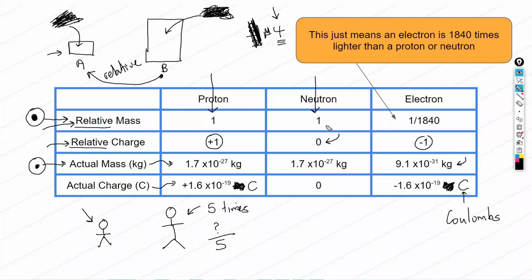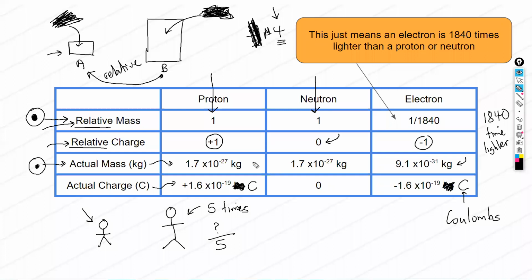So none is really heavier than the other. But the electron, when you compare it to either the proton or neutron, is 1,840 times lighter, which means electrons are way smaller when you compare them to protons and neutrons.